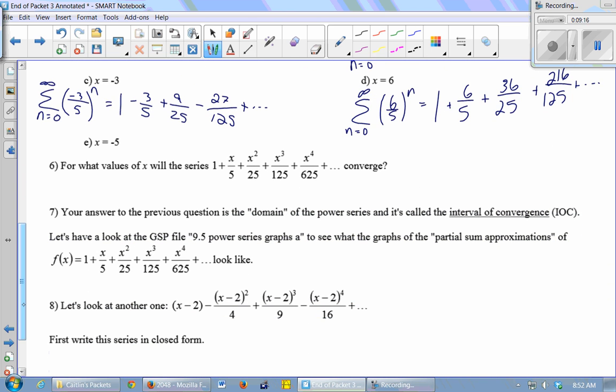All right, one more, x equals -5. This would be the sum, n equals 0 to infinity of (-5/5)^n, so it's (-1)^n. So this is going to be 1 minus 1 plus 1 minus 1 plus 1 minus 1.